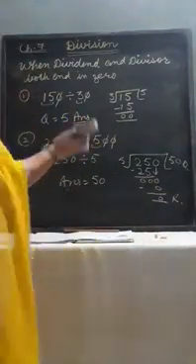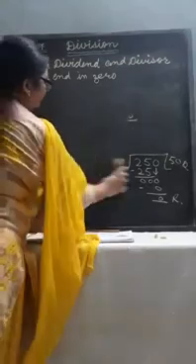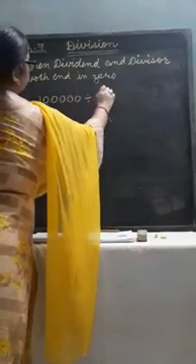Let us take one bigger example like 1 lakh divided by 5,000. Here we can remove a maximum of 3 zeros.